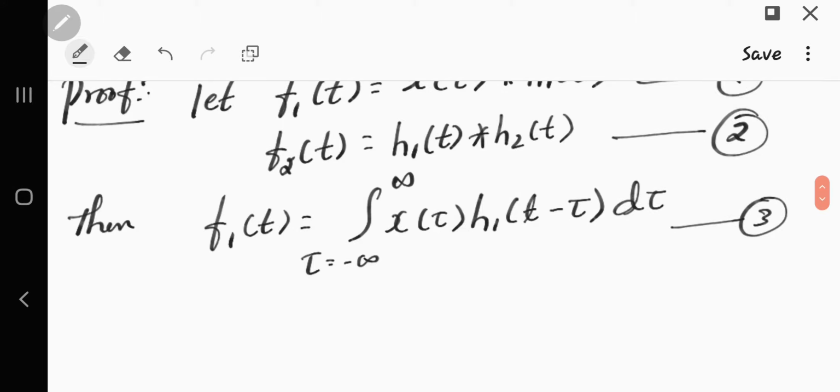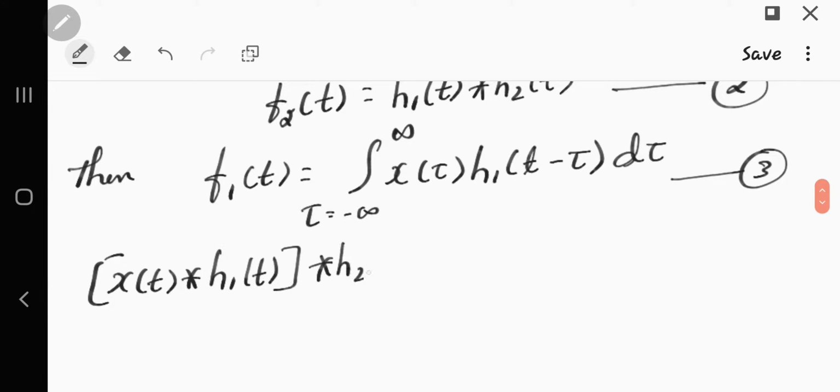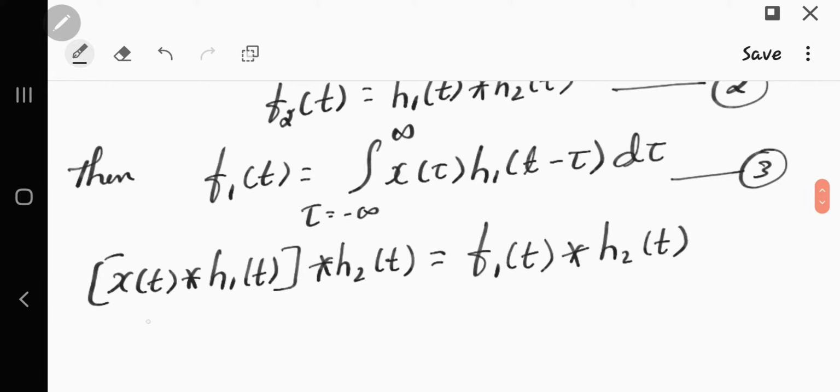Then in the statement, we start with the LHS here, x of t convolved with h1 of t, convolved with h2 of t. So that is equal to f1 of t convolved with h2 of t. I am replacing this entire term with f1 of t, and h2 of t is kept as it is.